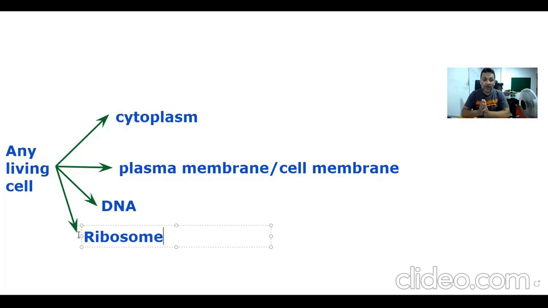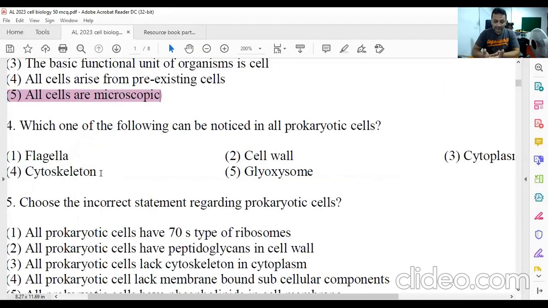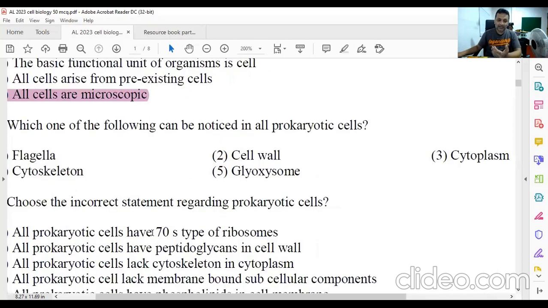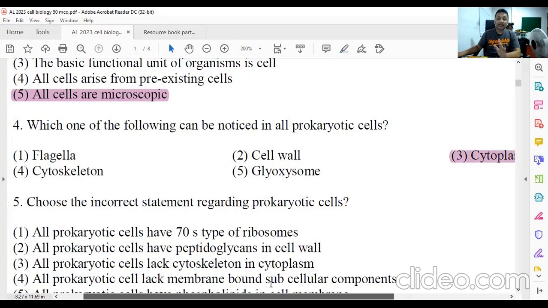So it is going to be your answer, the third answer. Coming back to the question, the fourth answer, cytoskeleton, is noticed only in eukaryotic cells. The fifth answer, glyoxysomes, is also noticed in eukaryotic cells. On this basis, we decide the third answer as the correct answer for the fourth question.